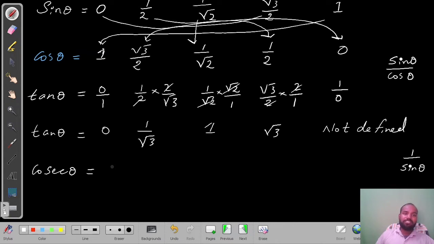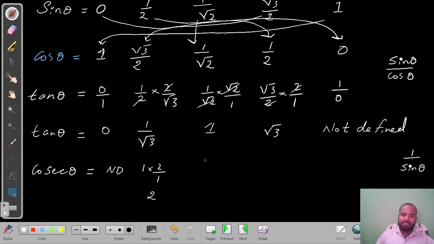Now 1 by 0 is not defined. Next, 1 by 1 by 2: 1 into 2 by 1, that is 2. So your cosec 30 is 2.